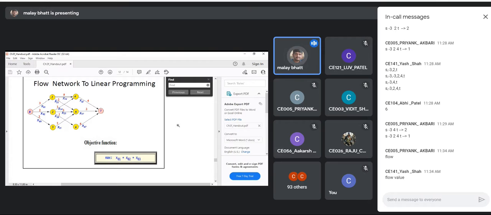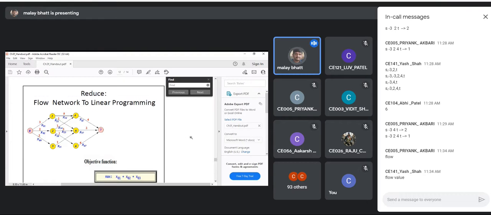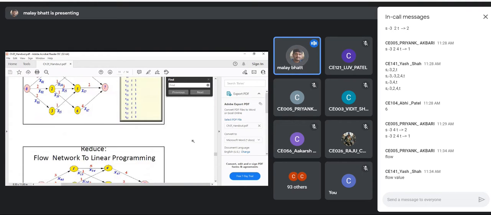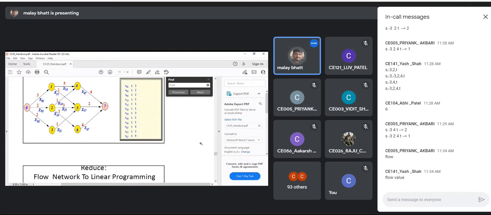So we want to maximize x01 plus x02 plus x03 with these constraints: x01 should be less than or equal to 3, x02 must be less than or equal to 2, x03 must be less than or equal to 2. Clear?